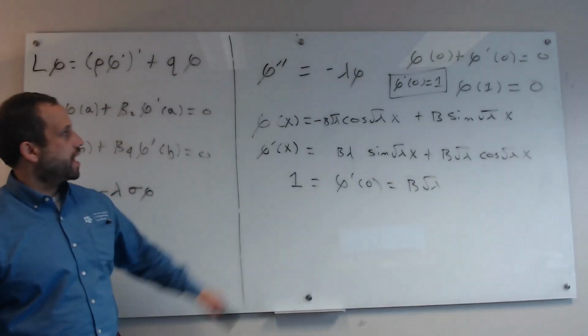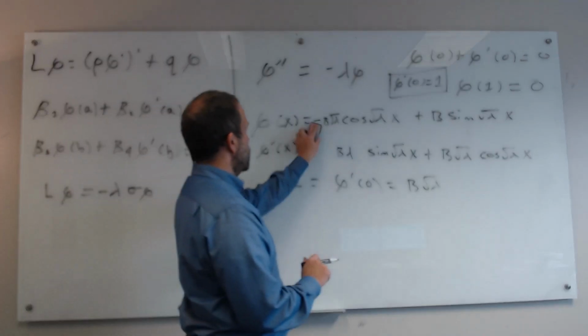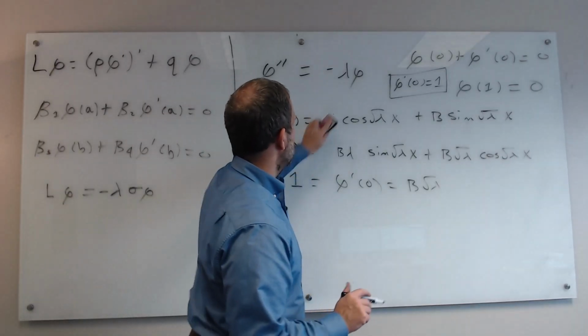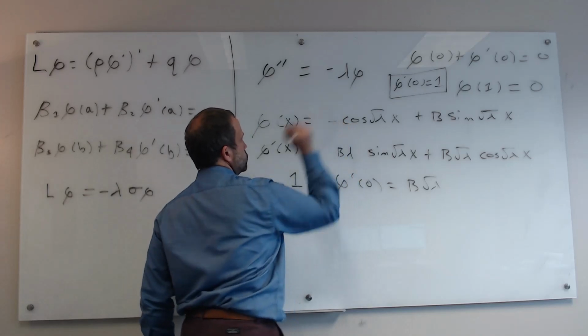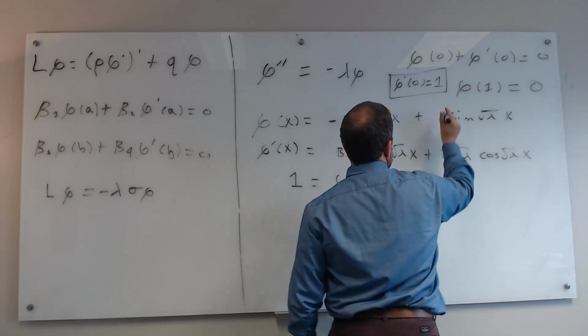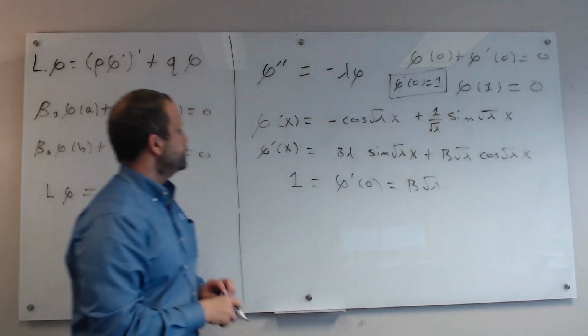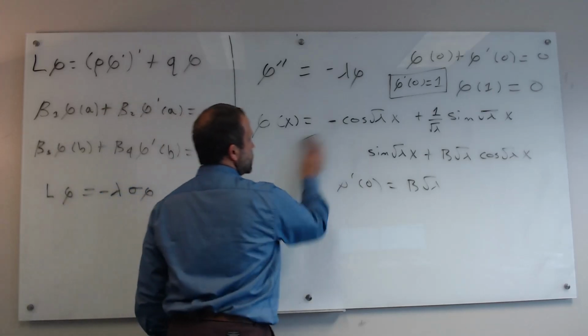So what this says is b is equal to 1 over the square root of lambda. So if we come over here, b is 1 over the square root of lambda. This is just going to be equal to minus cosine square root of lambda x, and then b is 1 over the square root of lambda. Okay, so this is the solution.